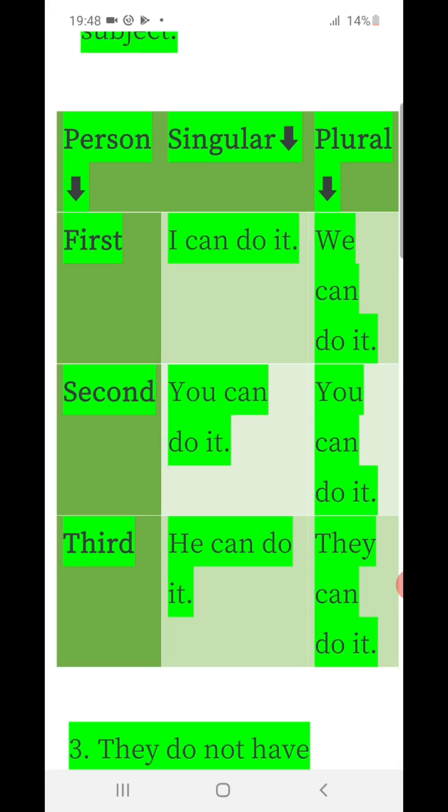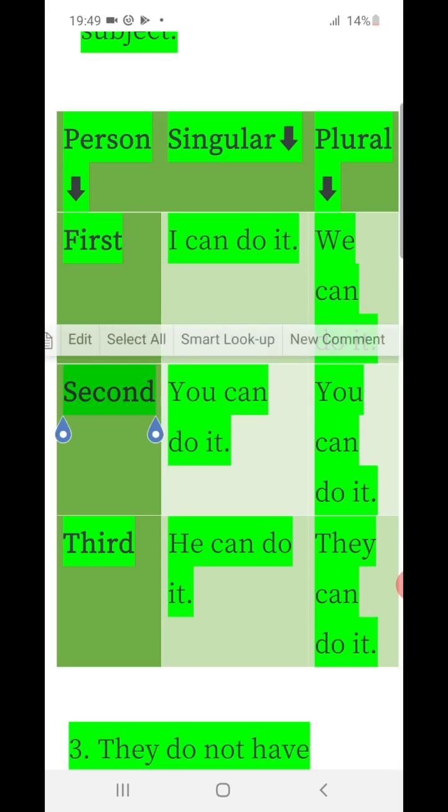Unlike the second one, we, which is referring to a group of people among which I am also present. So, we. For we also, can is not changing its form. It is remaining same. So, we can do it.